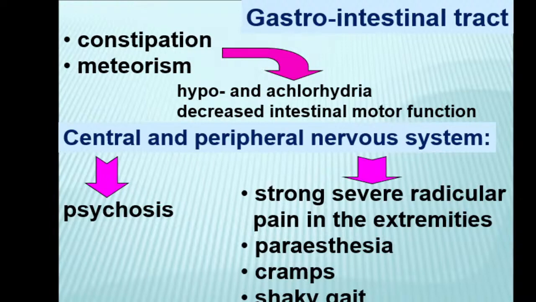The patient feels paresthesia, is predisposed to cramps. As a result, his gait becomes shaky, not straight, because of no adequate sensitivity.